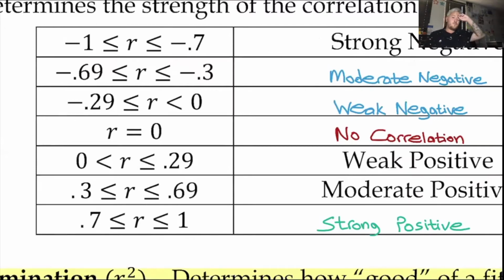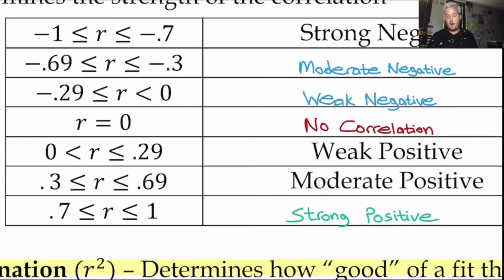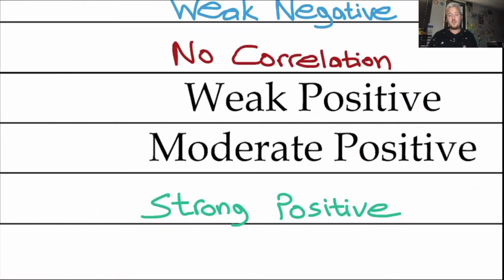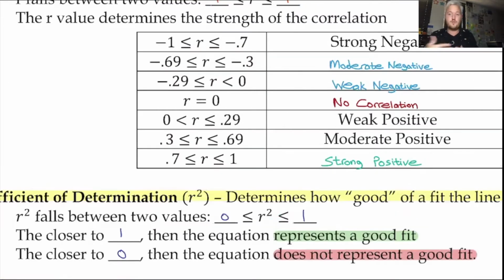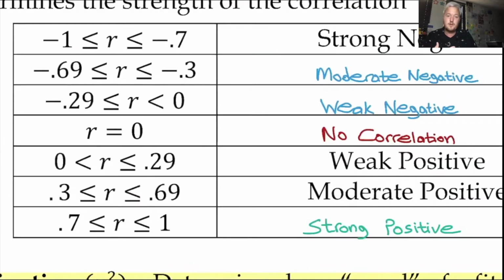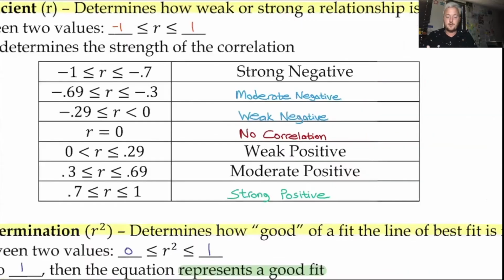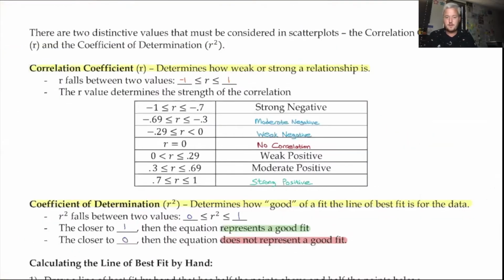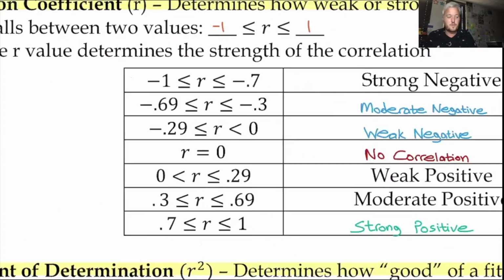If I consider, say, 0.45, I may consider that a moderate positive, but someone else may consider that a weak positive. So it's really just based on interpretation, on the scenarios, on the circumstances, on what you're doing. This is just a rough interpretation of what you can consider moderate, weak, or strong. You don't have to have those memorized or anything. This is just some extra notes for you.